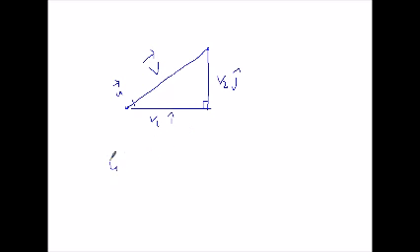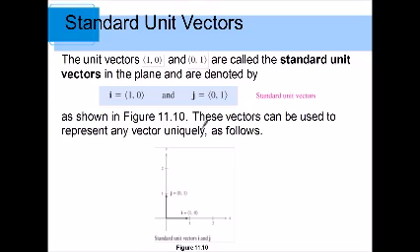And again, the unit vector is equal to the vector itself divided by its magnitude. Now the standard unit vectors are i hat and j hat. i is essentially just 1 in the x direction. j, as the unit vector, is just 1 in the y direction. So we get the standard unit vectors.